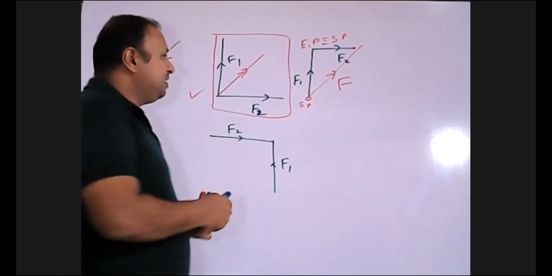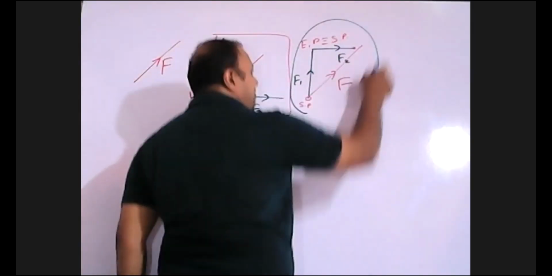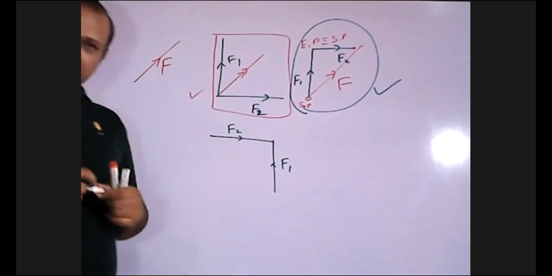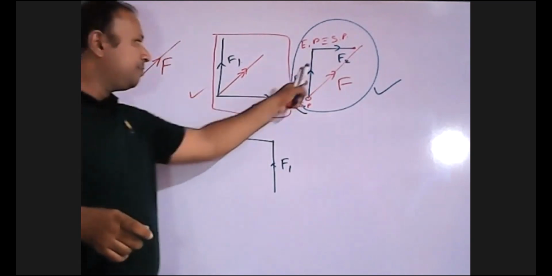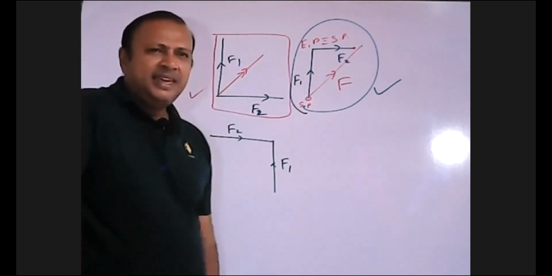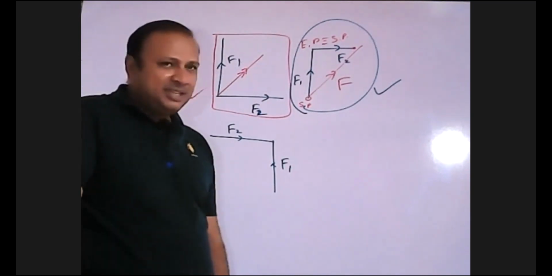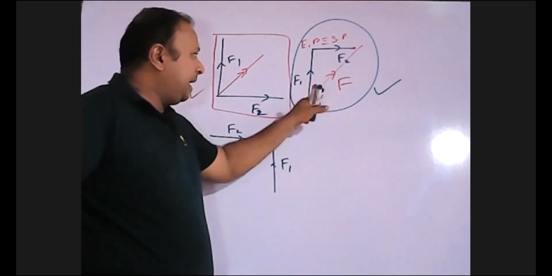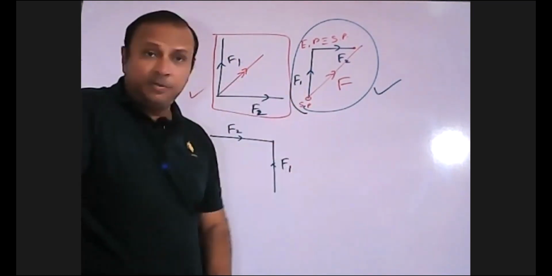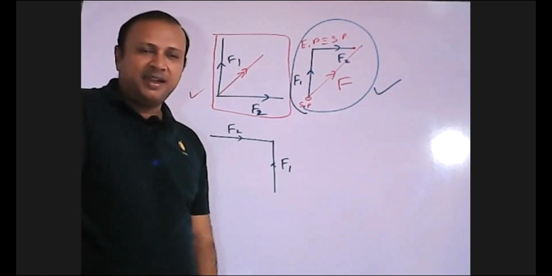So this option is also correct. We can get a force like F by adding this vector system. There's another method. In this case, we have applied the basic principle of vector addition.